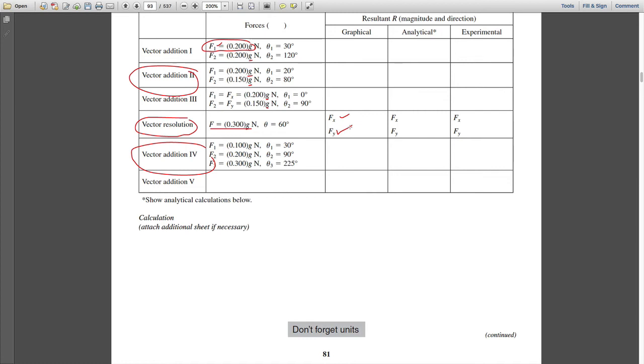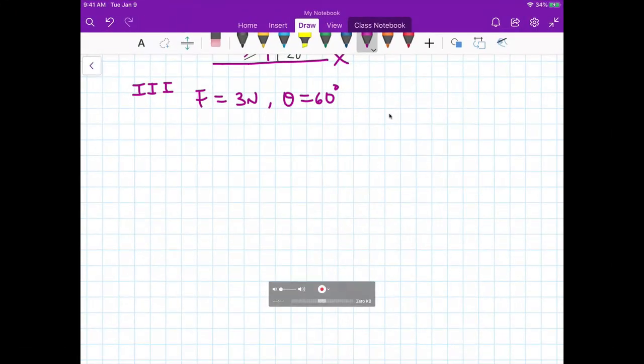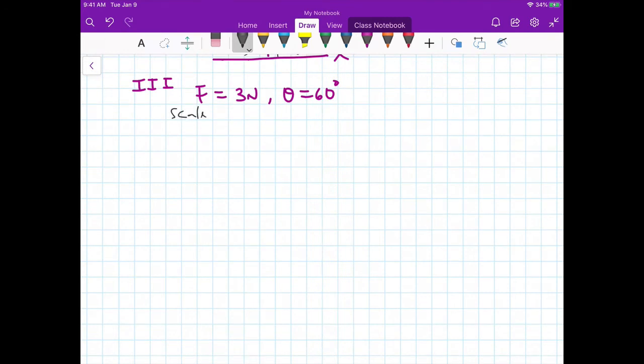Using the graphical method, so far I'm talking about the graphical method again, what you're going to do is simply use the scale. We're going to stick with our scale, the same scale, 2 centimeters for 0.5 Newton. I think this is a better way to write it instead of saying 2 centimeters equals 0.5 Newton.